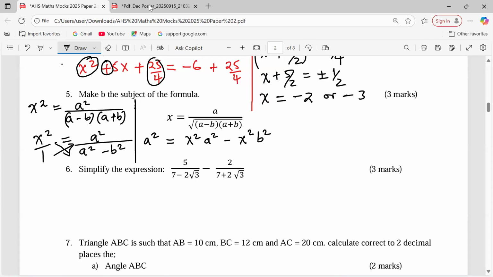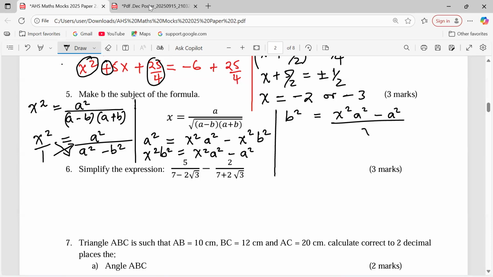Then we can have the terms with b on the left-hand side, making them positive, equals minus a squared. At this point, we remain with b squared equals x squared a squared minus a squared out of x squared.